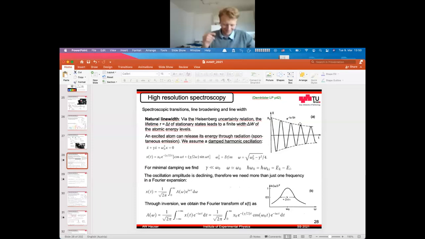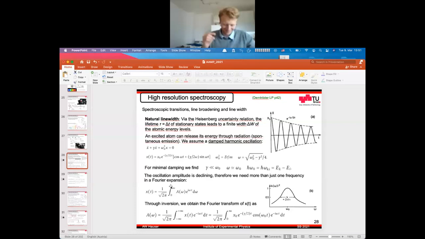So don't confuse the fact that if you have a damped harmonic oscillation, you have a constant omega here, right? So the peaks are equidistant. But if you would like to describe this type of signal through a linear combination of harmonic functions, you'll need many of them, right?